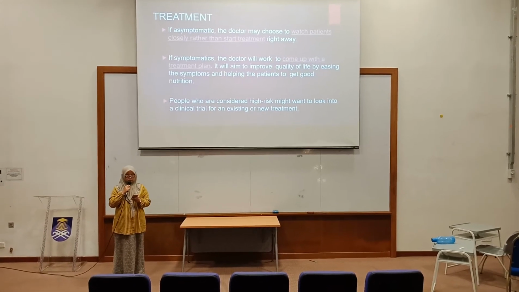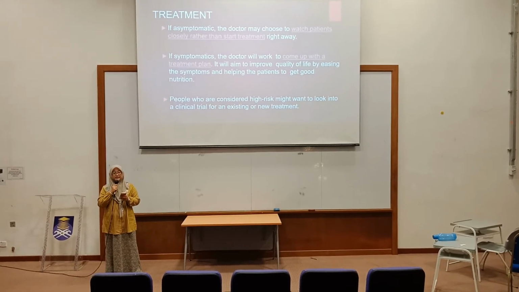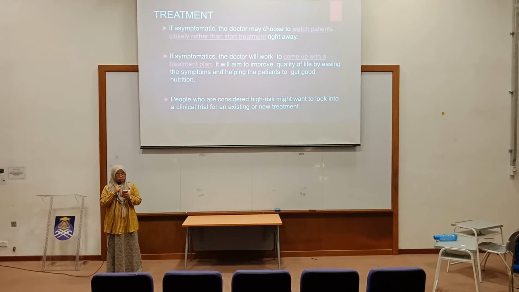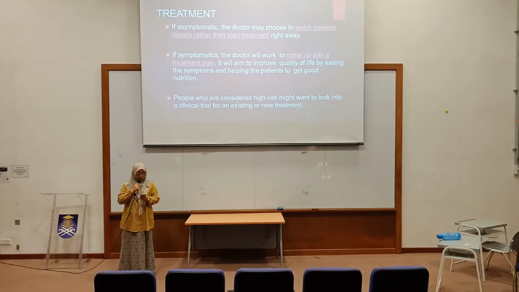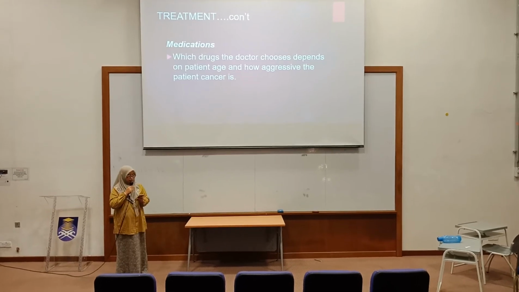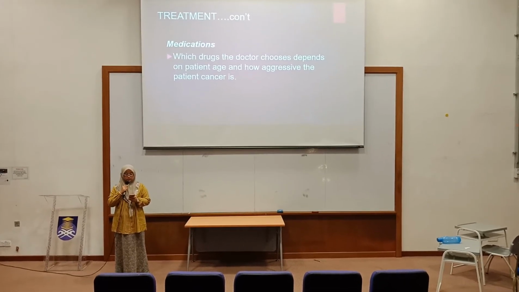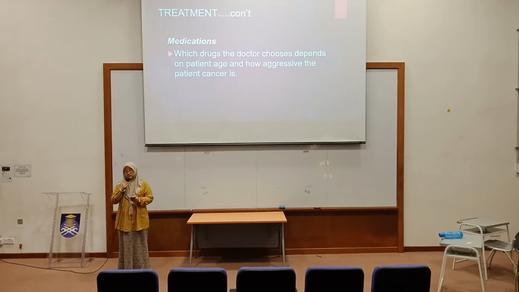People who are considered high risk might want to look into a clinical trial or an existing or new treatment. Which drug your doctor chooses depends on your age and how aggressive your cancer is.